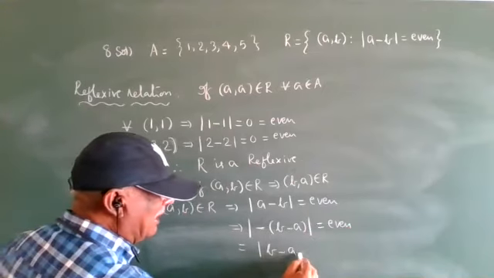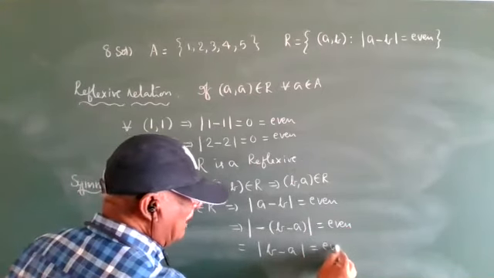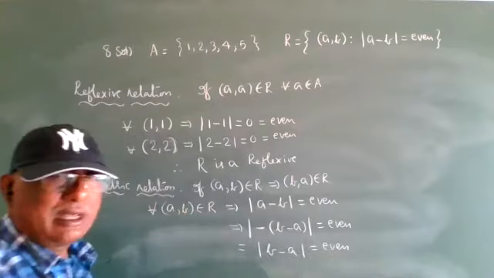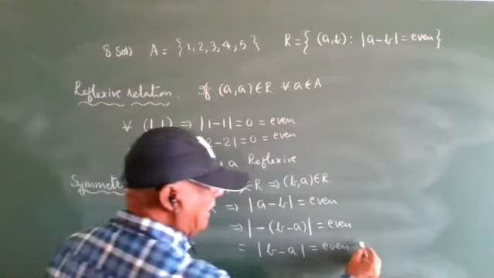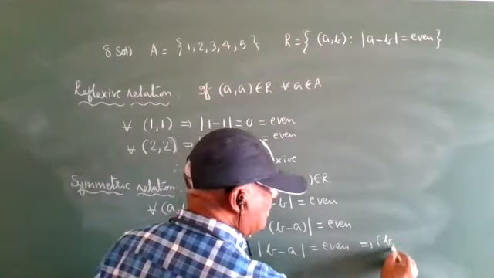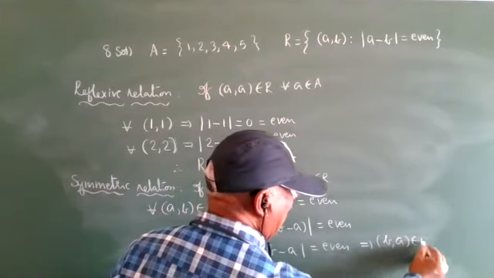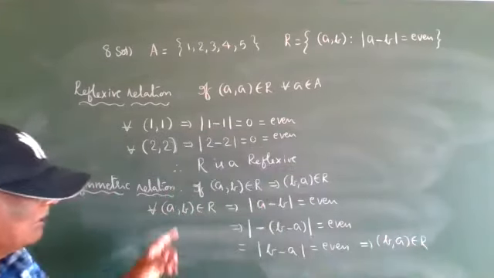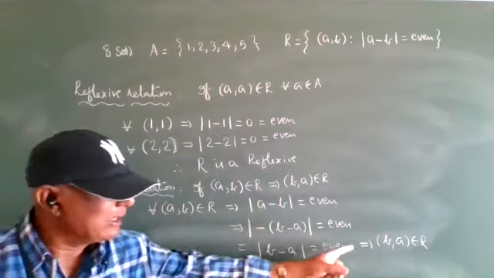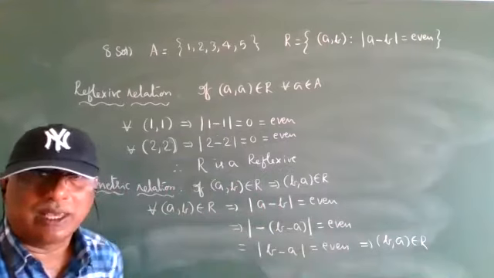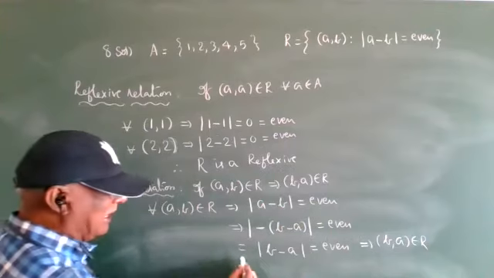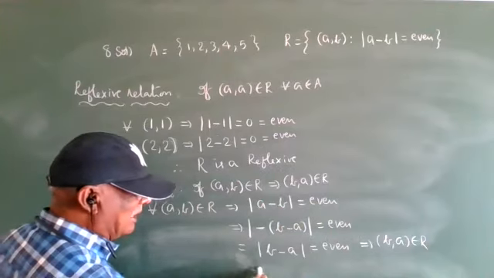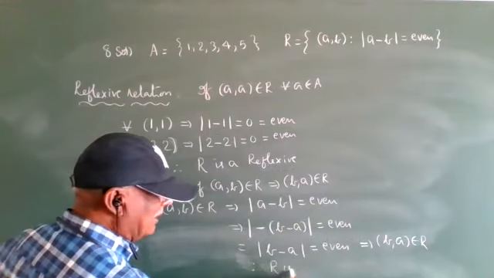Modulus of b minus a means (b, a) belongs to the relation. We start with (a, b) and get the reverse order (b, a). Therefore, R is symmetric.